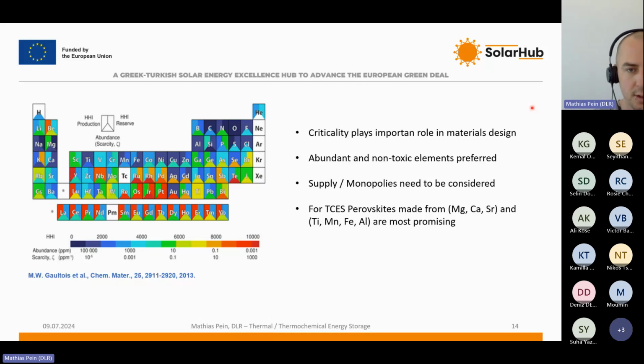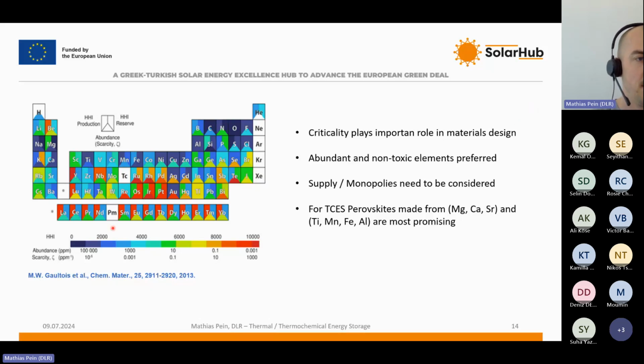So we have found in our past work that for thermochemical energy storage, essentially perovskites have the highest potential, and especially those made from manganese, calcium, and strontium on the one side in the crystal lattice, and titanium, manganese, iron, and aluminum are essentially most promising.